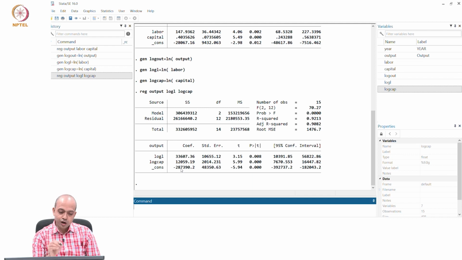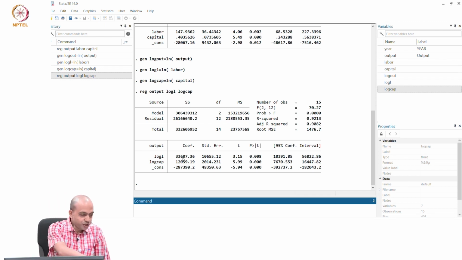When labor increases by 1%, output changes by 336.07 unit. When capital changes by 1%, output changes by 120.59 unit, and this is what we got dividing beta hat by 100. Very simple.